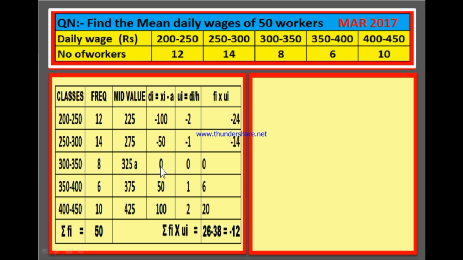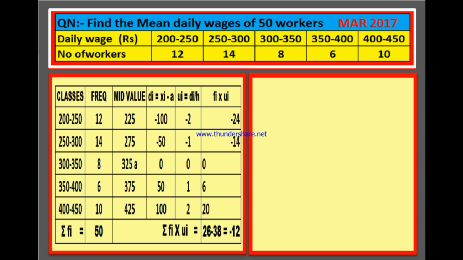Therefore, 325 minus 325 is 0. And for this class, mid value is 375 minus a, 325. 375 minus 325 is 50. And for this class, xi is 425, minus a, 325. 425 minus 325 is 100.